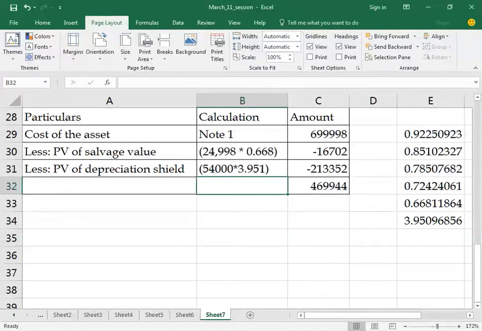Any doubts in this? Then you analyze the lease. Lease option is simple. Loan is when it takes a lot of time.